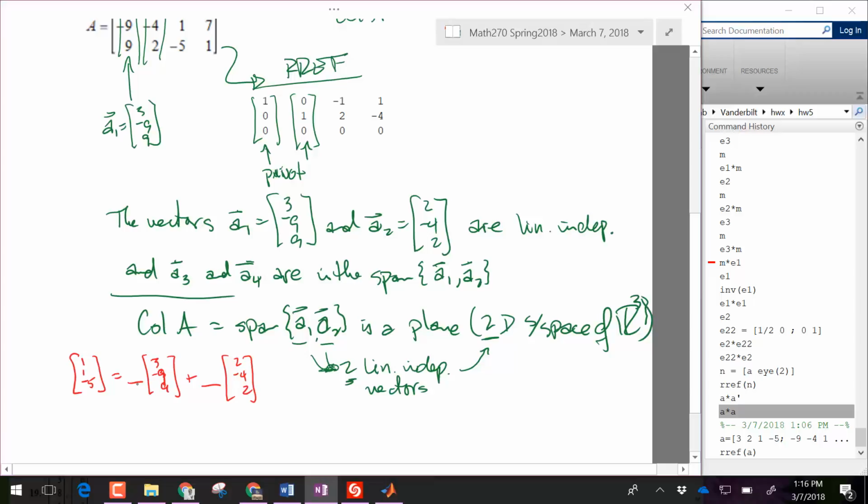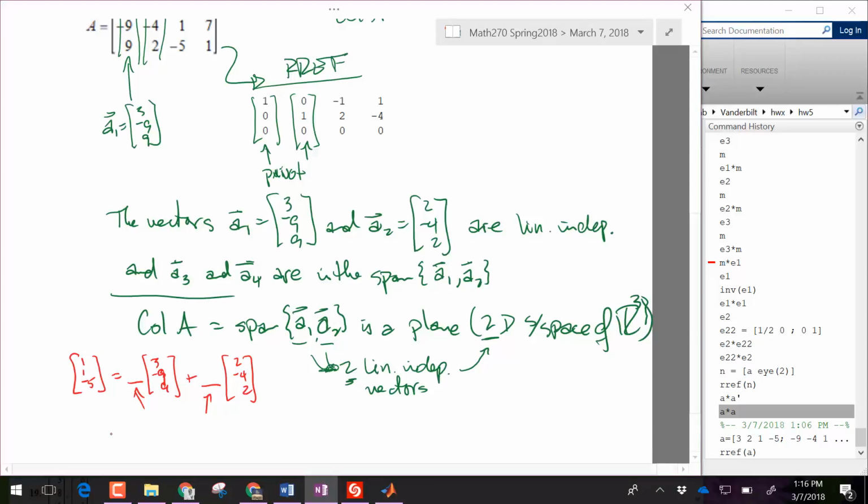Now we can guess and check. Maybe I'll take a stab and put 1 and 1. No, it's not going to work. Let's see how we can get 5. Yeah, so you could actually get values for this. We could set up another matrix to find this.